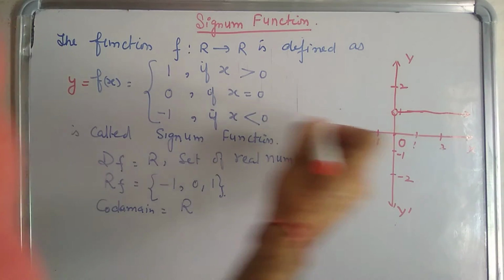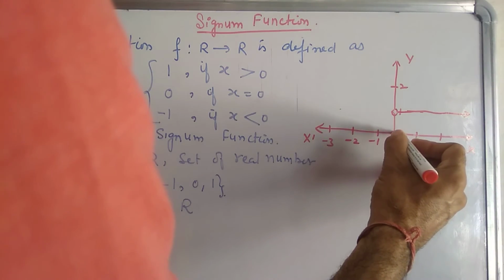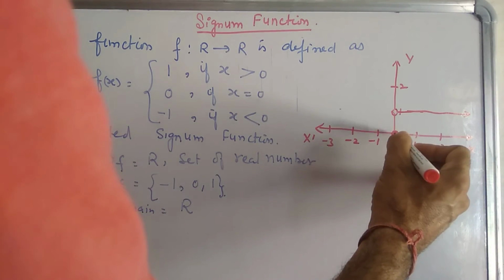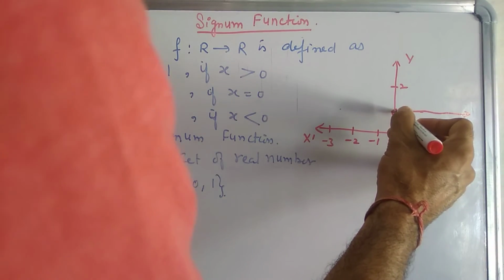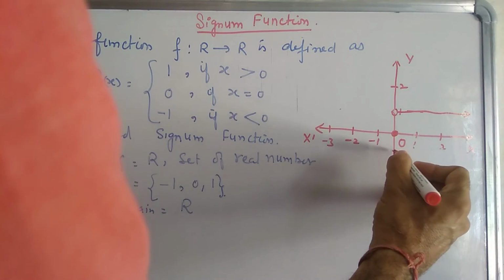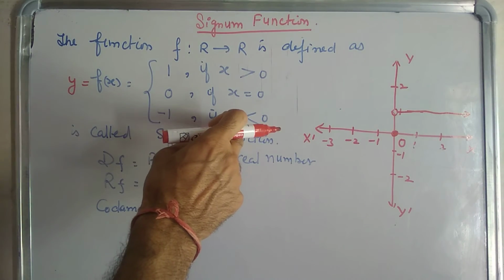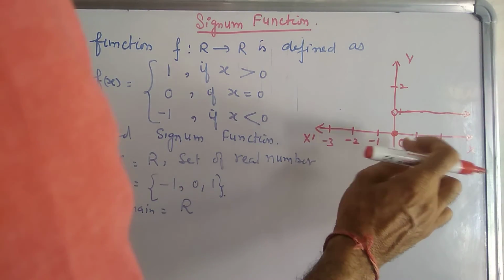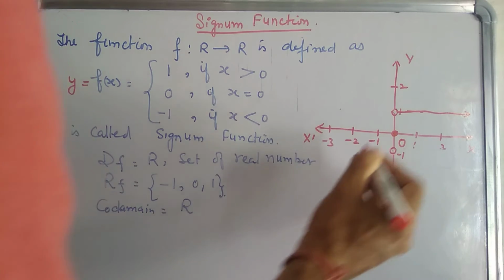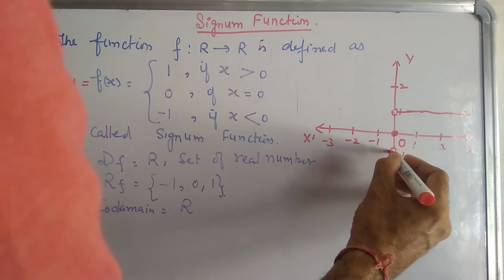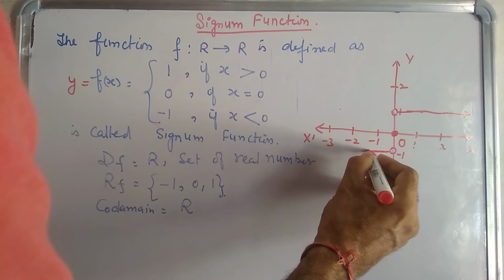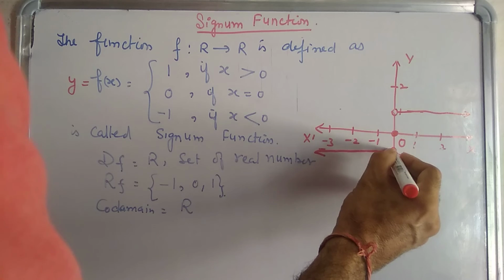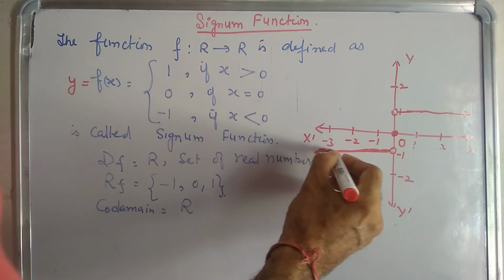And when x is 0, then y is 0, the point is here. We can see the break in the graph. There is a point here, and then it skips to this point, and then starts a straight line. And again when x is not 0 but x is less than 0, for all the negative numbers, the point is here, which is also hollow, meaning x is not 0, but for all the negative x values, y is -1, so it is a straight line like this.